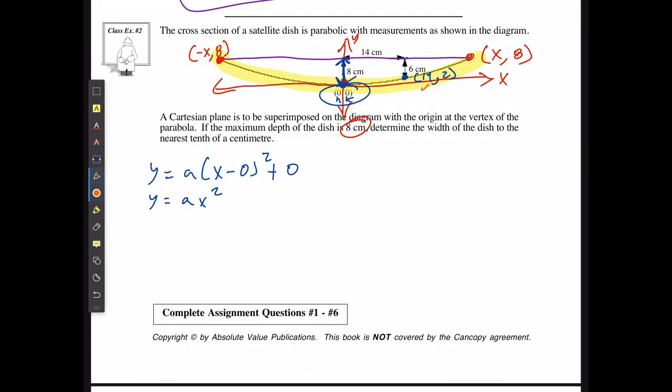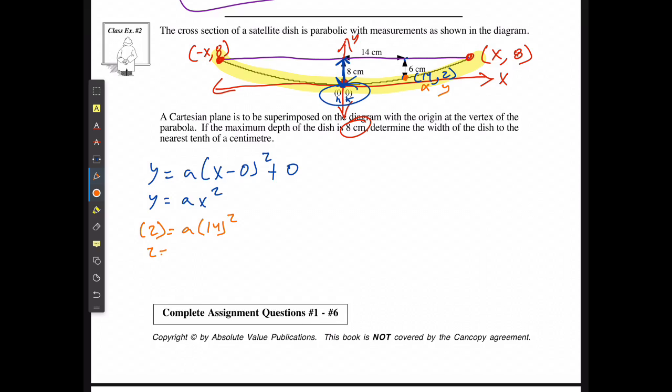I have a possible value for x and y given the point that we have over here. So I'm going to replace y with 2, and I'm going to replace x with 14. And I'm going to use this to solve for what my a value is.